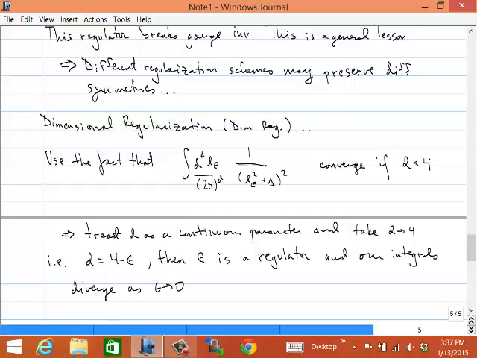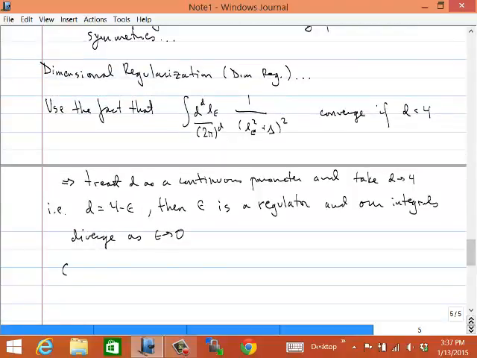So in fact, epsilon can be regarded as a cutoff parameter, just like the dimensionful cutoff parameter lambda in Pauli-Villars or in the hard cutoff method.